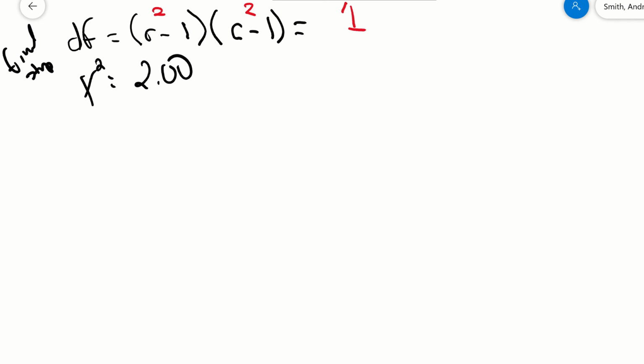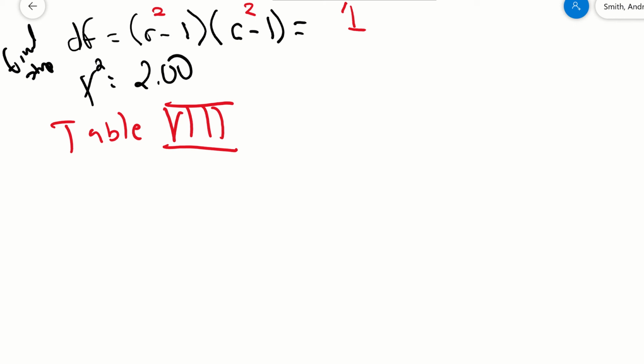So what we have to do is go to the appendix in the back of our book, and we go to table number 8. And table number 8 reads chi-square distribution, right? So it's pretty simple, right?